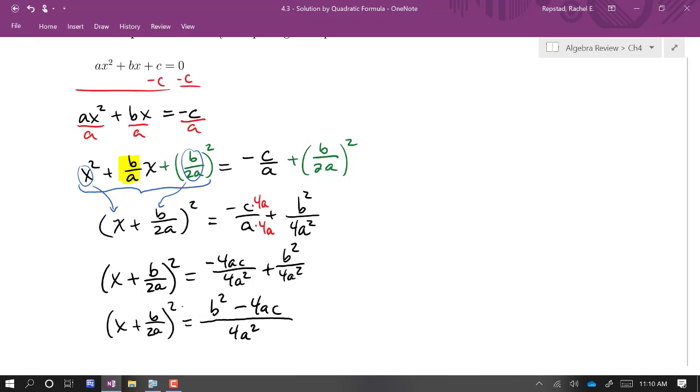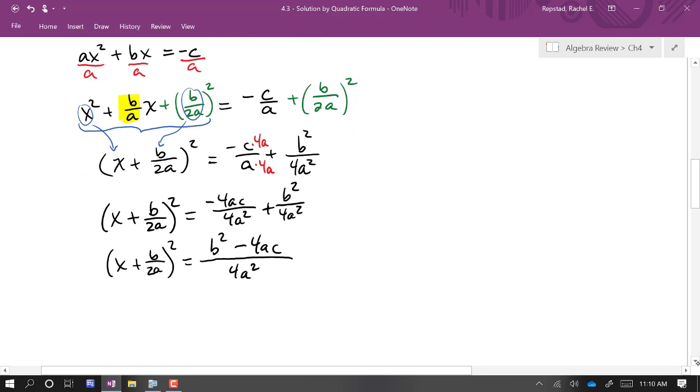And to solve, we're at the point now where we can take the square root on both sides. We need plus or minus. That's a fraction on the right side, so I'm going to split up that radical over division. On the left now, of course, we have x plus b over 2a.